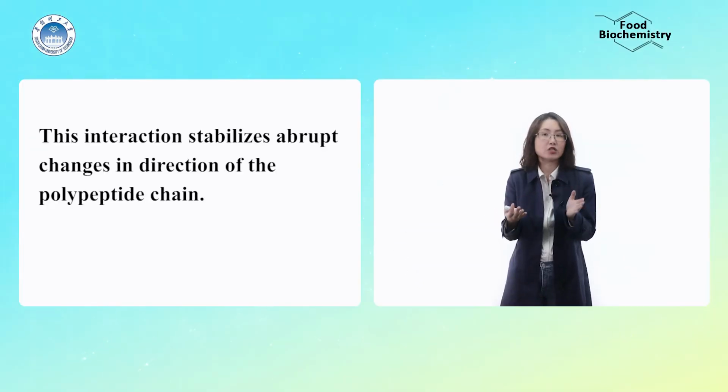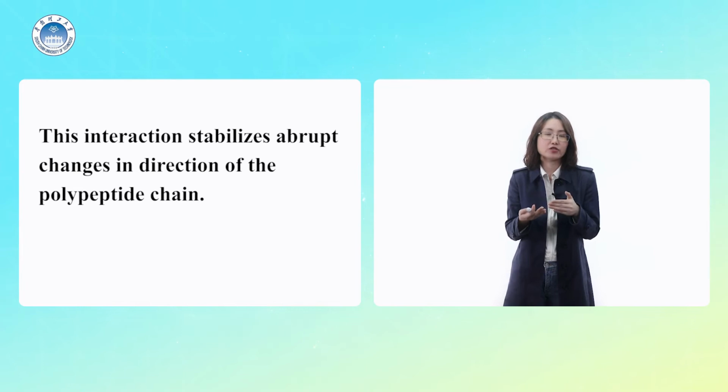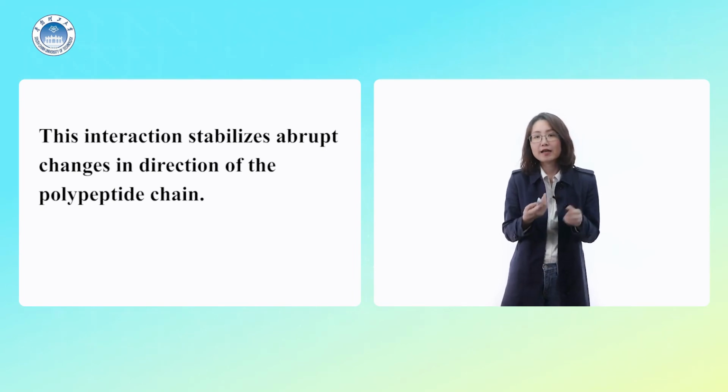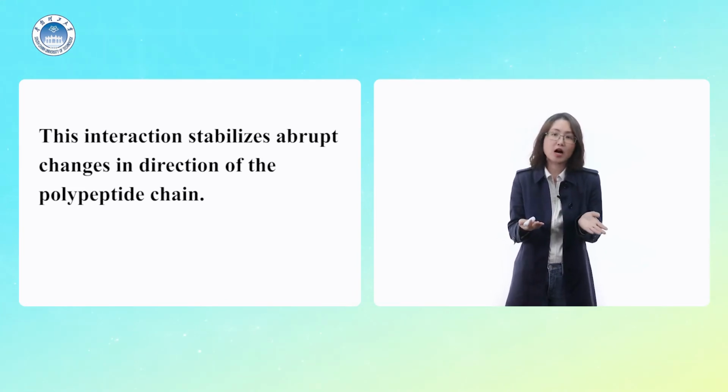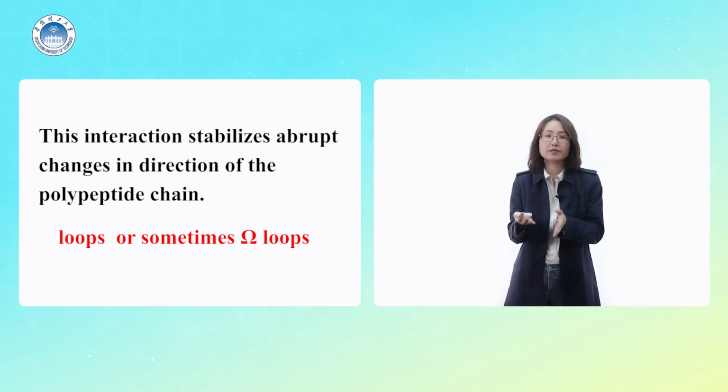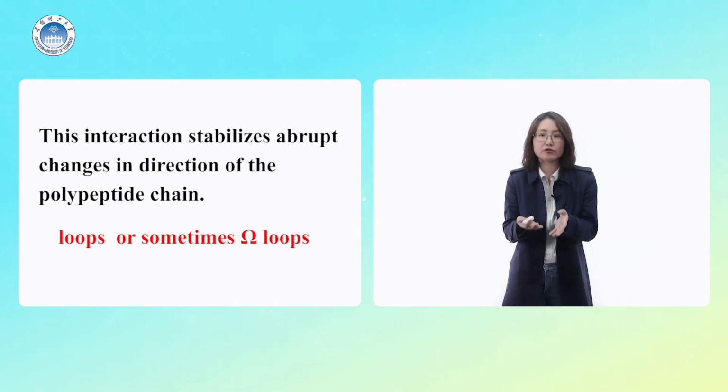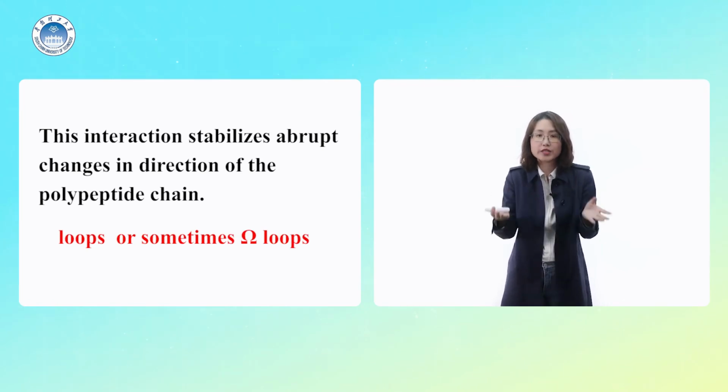So this interaction stabilizes abrupt changes in direction of the polypeptide chain. In other cases, more elaborate structures are responsible for chain reversals. These structures are called loops, or sometimes omega loops, to suggest their overall shape.